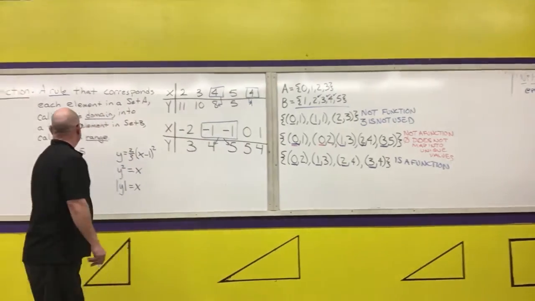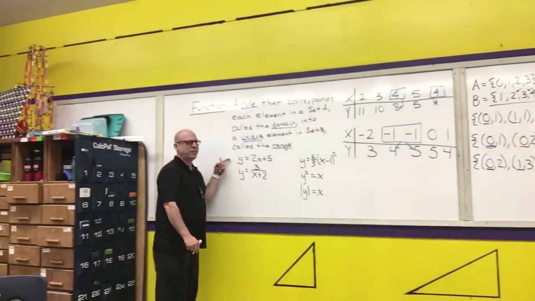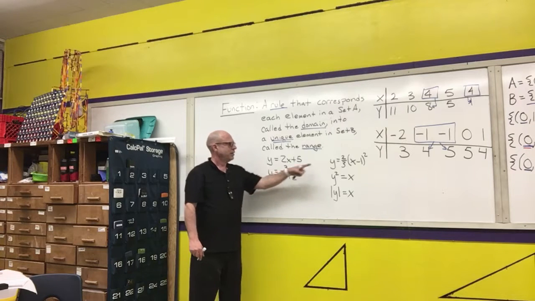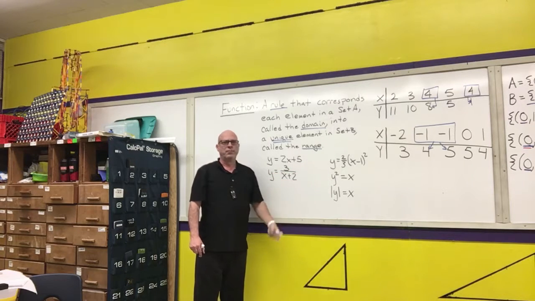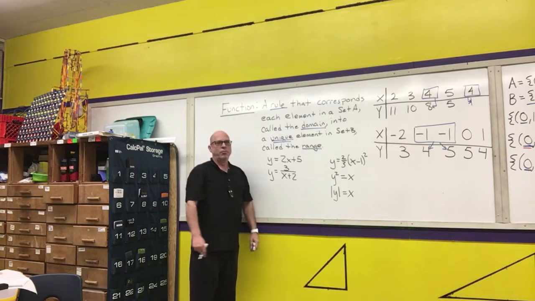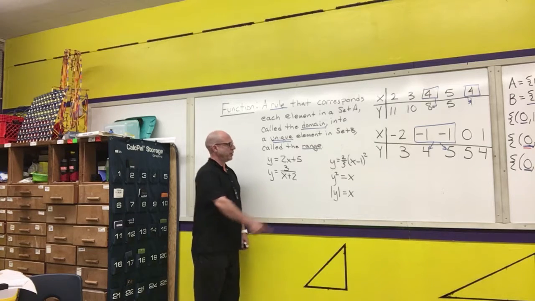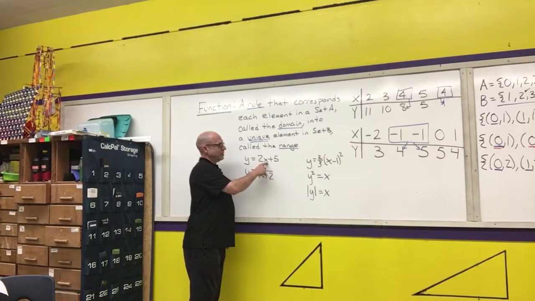The last way I want to be able to check for functions is if I'm given an equation. I want to determine whether or not these two-variable equations represent functions. The way you can tell is to see if you can get more than one answer from the mathematical operations you're doing. If I start with the number x and multiply it by 2, I can only get one answer.